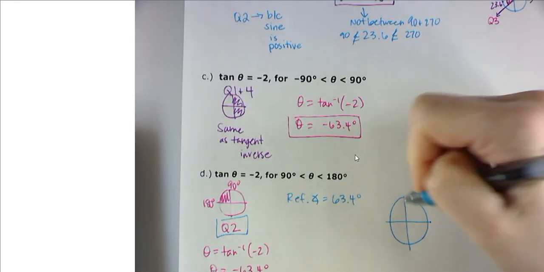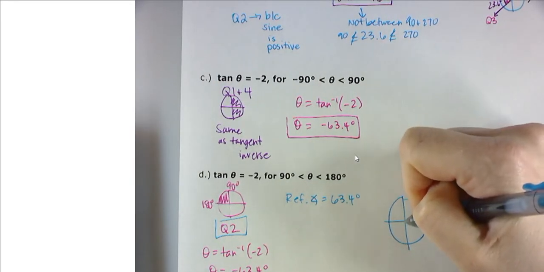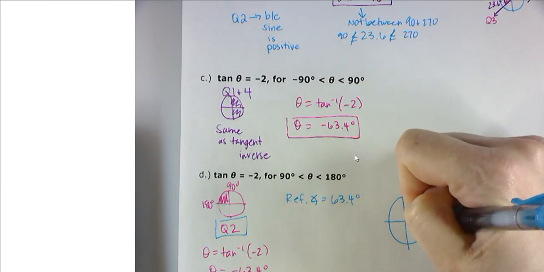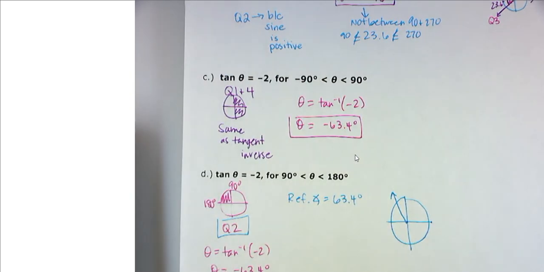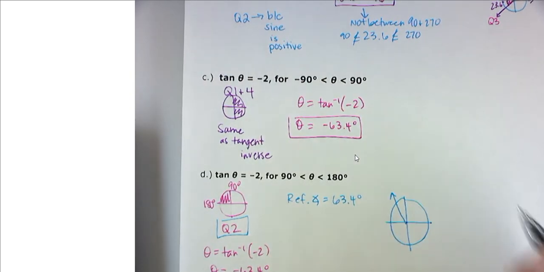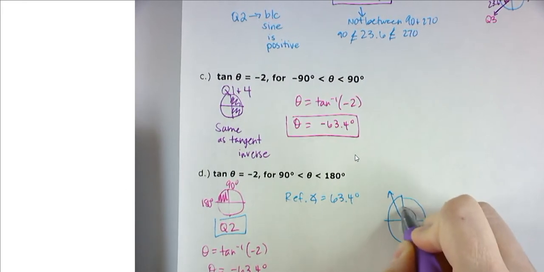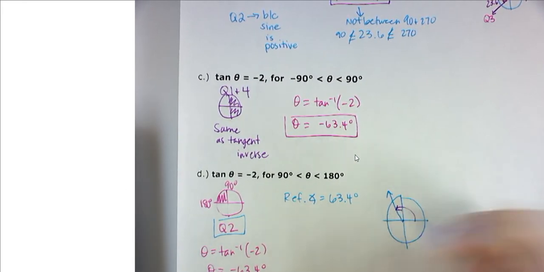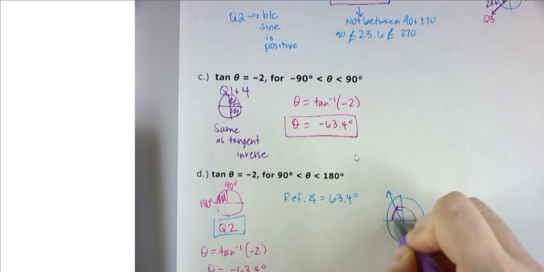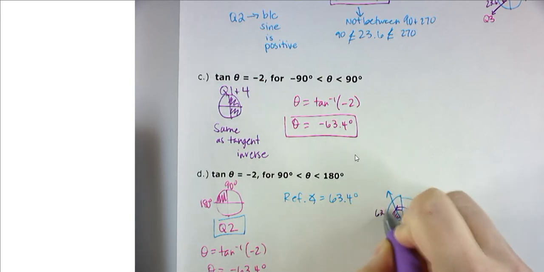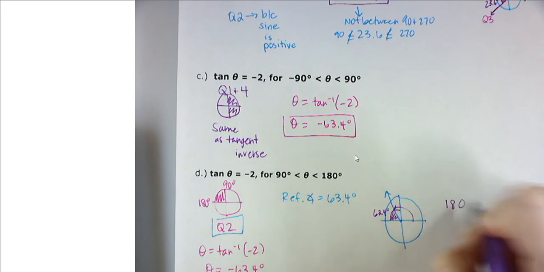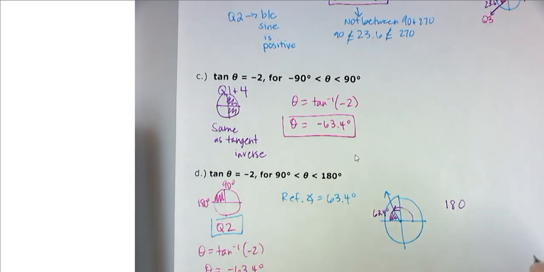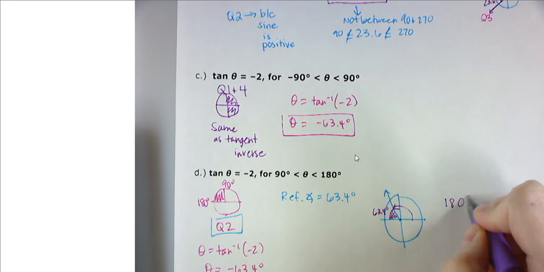What you're trying to find is this angle here. So if this is 63.4, we can do 180 minus 63.4, which gives us 116.6 degrees, which is between 90 and 180.